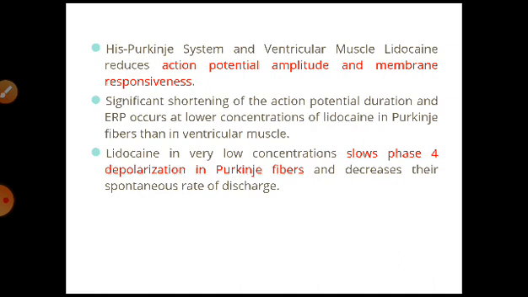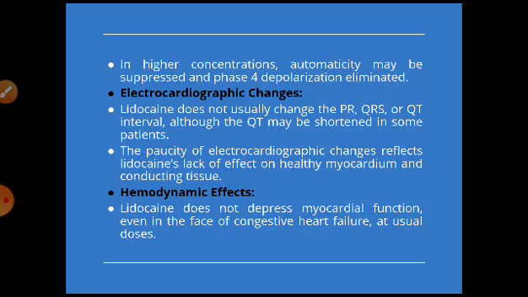So in low doses, it has this dose-dependent effect on the Purkinje fibers and slows down phase 4 depolarization. In higher concentrations, automaticity may be suppressed and phase 4 depolarization eliminated. So this is the difference between the higher and lower concentrations.